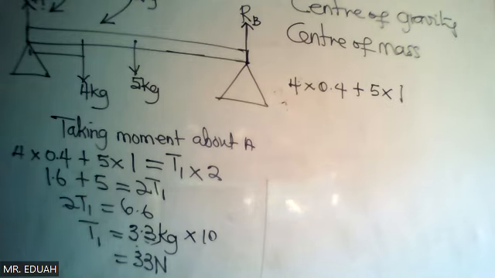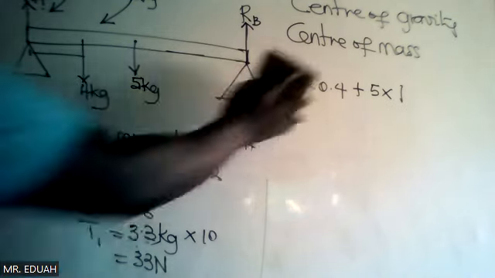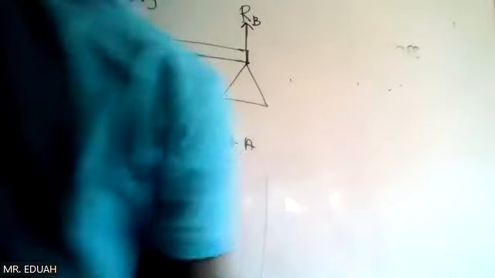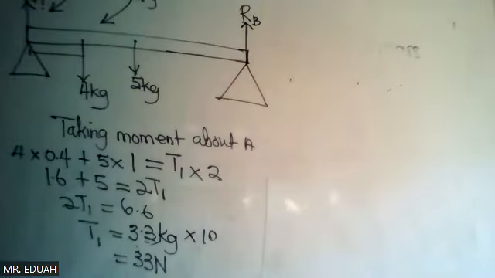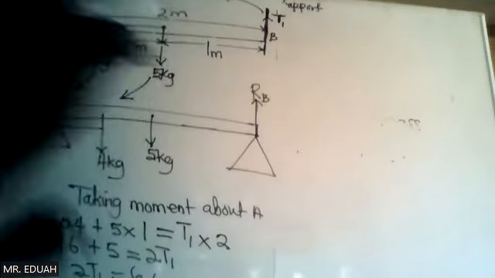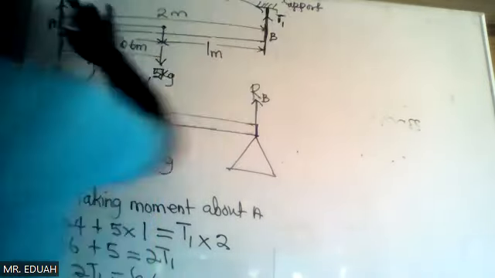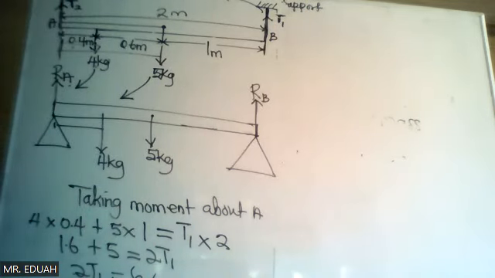Yes, please. Then we take the moment about the other. We bring T1 back and then take it around the other one. So this time we assume this is not there.